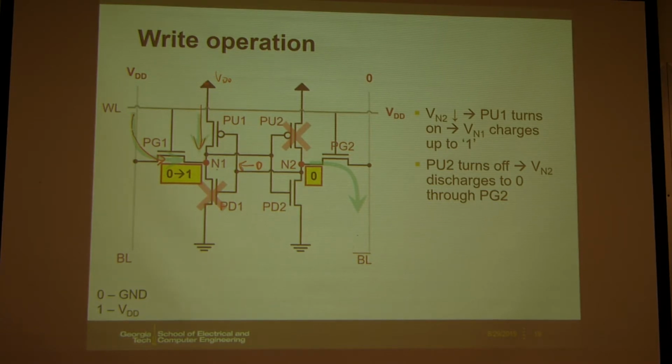So those two currents add up together, so you have enough current to charge the N1 node, and eventually the N1 node will become 1. So those are two steps in this operation, essentially. So N2 needs to decay first before N1 can rise up.